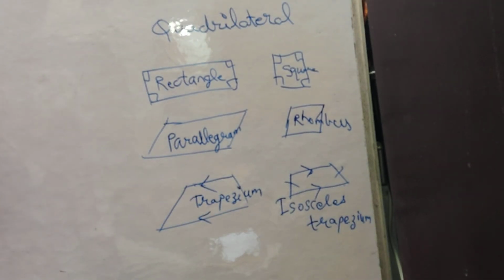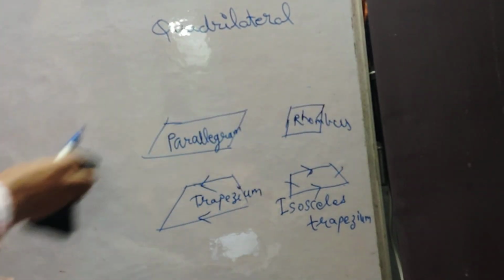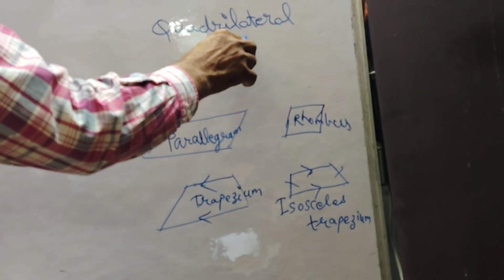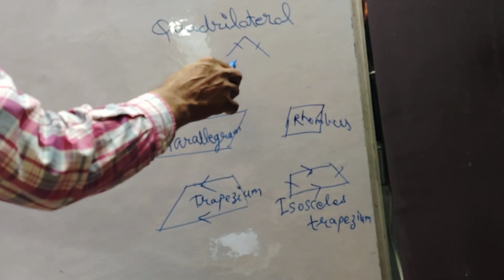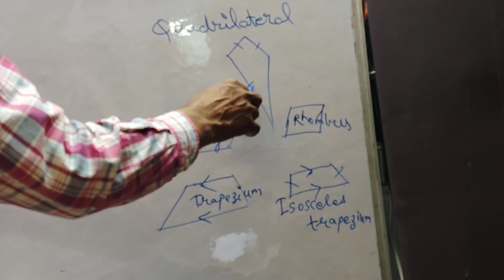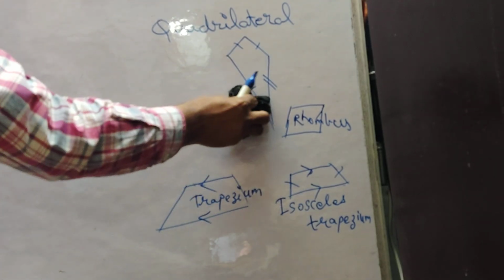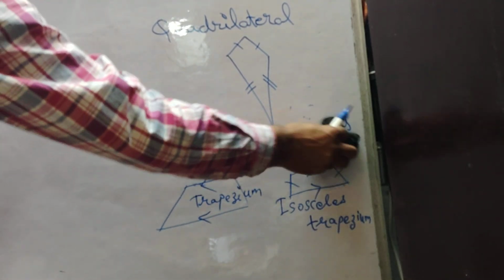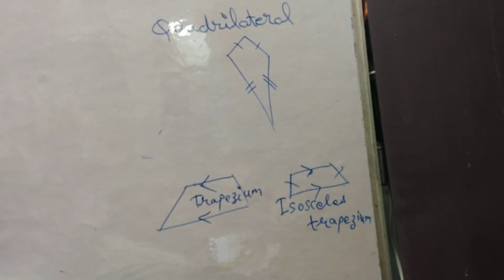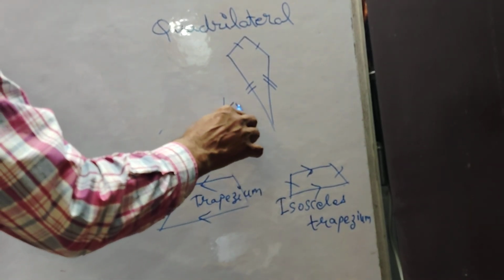Next, one more quadrilateral looks like this. These are called adjacent sides. These two adjacent sides are equal, and these two adjacent sides are also equal. What is the name of this quadrilateral? Its name is kite.